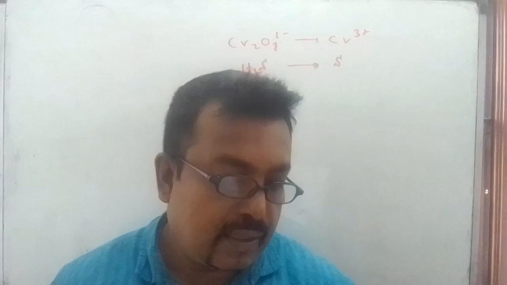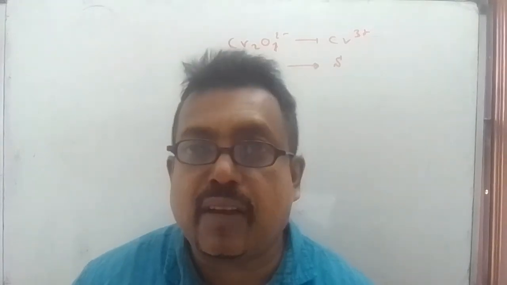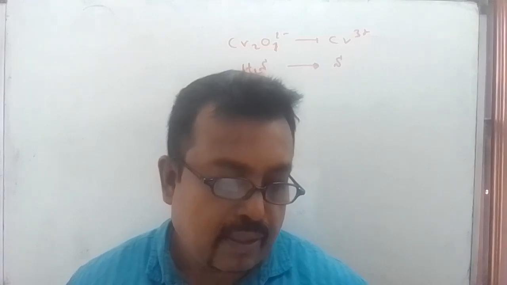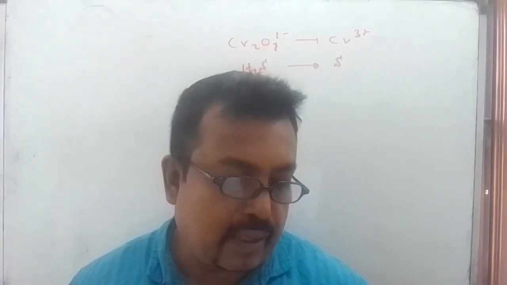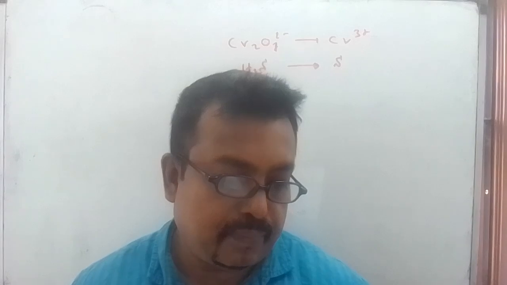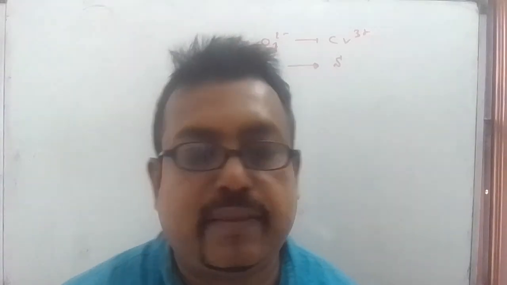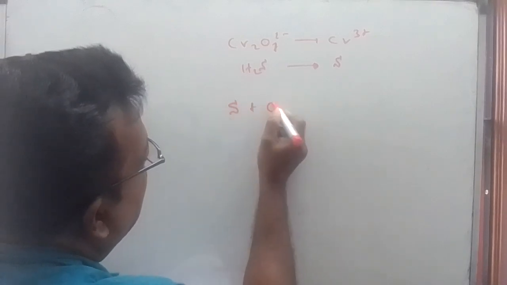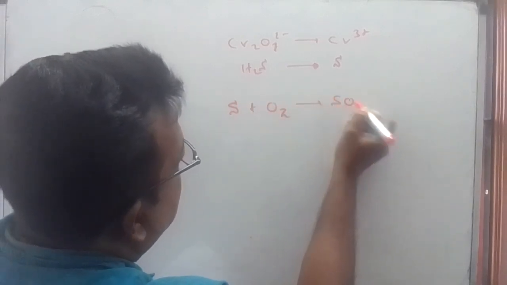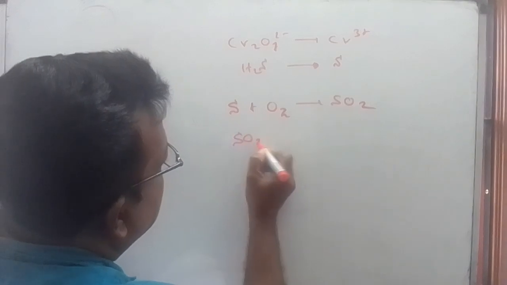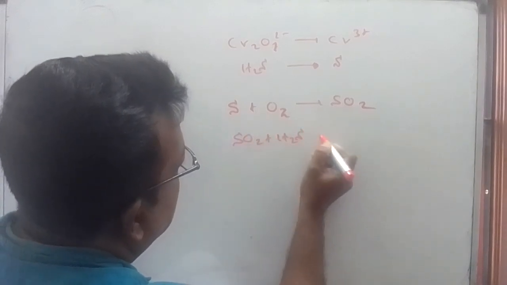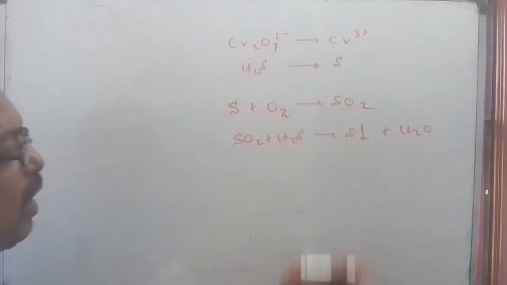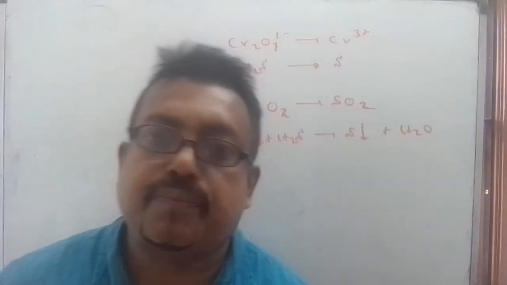D is sulfur, so that is sulfur dioxide, which reacts with gas B. Gas B is H2S. So when you burn sulfur in air, it forms sulfur dioxide. Then the sulfur dioxide reacts with H2S to produce sulfur precipitate and water. So sulfur gets precipitated here.